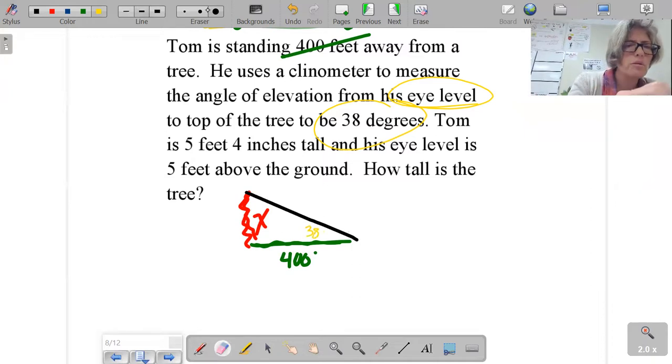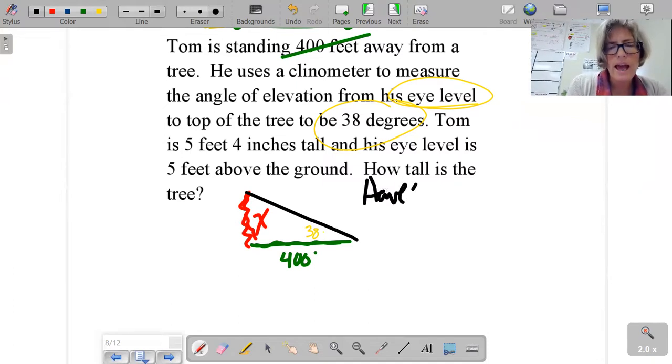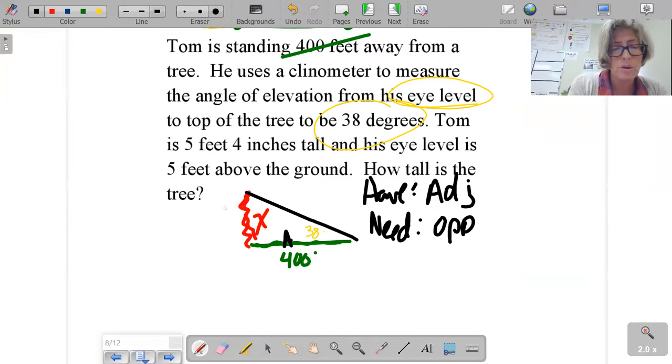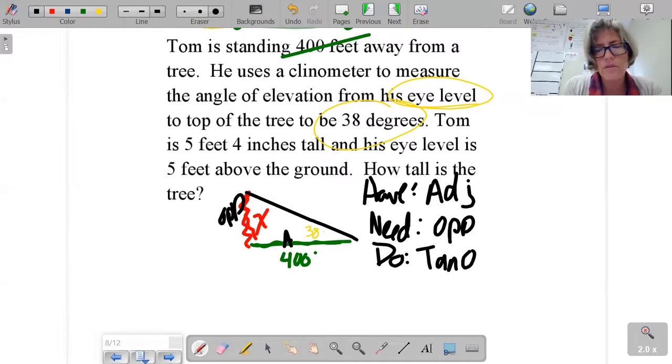Have, need, do. You should have done that. Have: we have the adjacent side. You need the opposite. This would be the opposite, of course. Therefore, you do. OA is tangent. Tangent of theta over 1 equals opposite over adjacent.